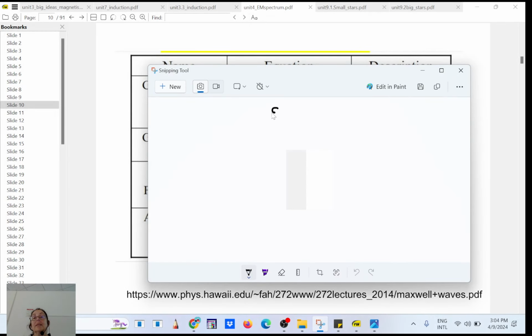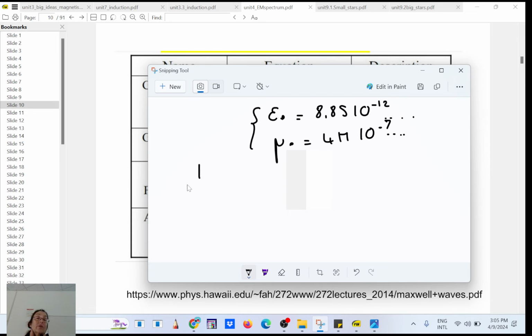Do you remember the electric constant, epsilon 0? It was what? Minus 12, right? Something. And units. And then mu 0 is what? 4 pi times 10 to the negative 7. Very good.